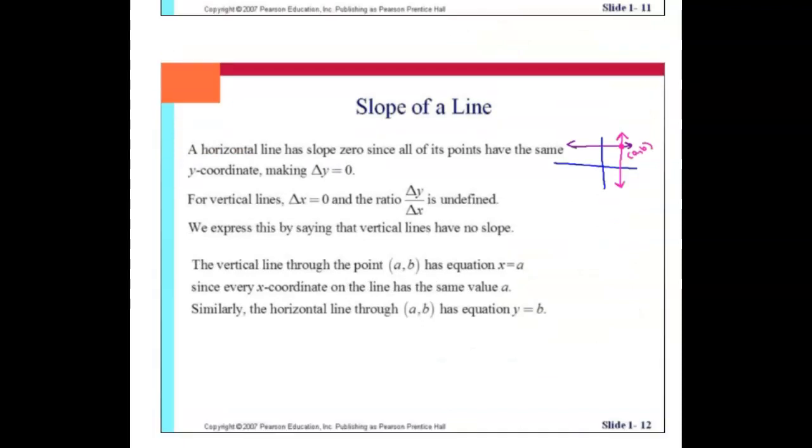We have special slopes. So you have the slope of a vertical line. A vertical line would be like the example in pink, where it's going straight up and down. A vertical line has a slope that is undefined because you get delta x equals 0, which would be the bottom of the fraction.